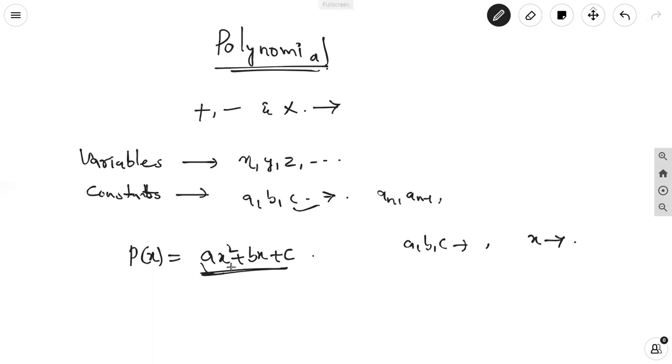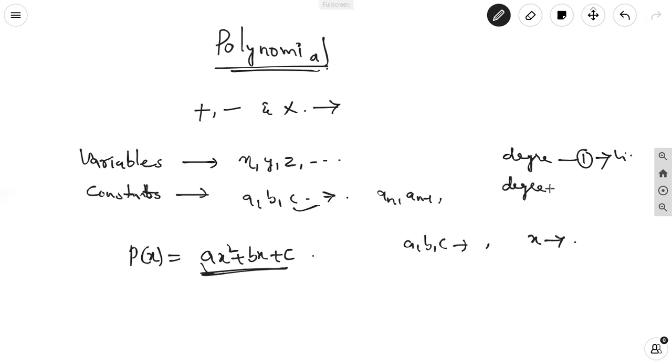Just observe: from the expression we can get the definitions of the number of terms, the coefficients and the degree. From the degree we can define the different polynomials. If the degree is one, such polynomials are called linear polynomials.